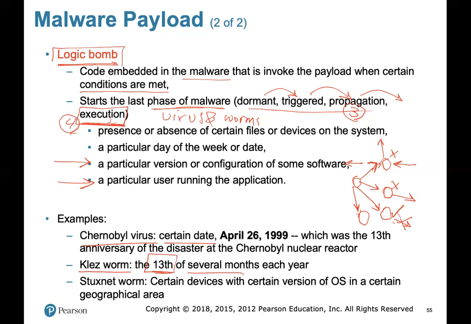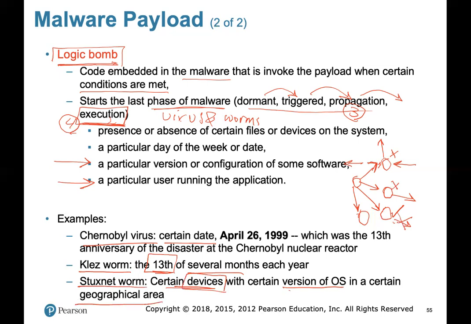And we have also another example, the Stuxnet worm, in which the logic bomb was observing a certain device. Even the hardware is now a part of the logic bomb, plus a certain version of OS on it in a certain geographical area.